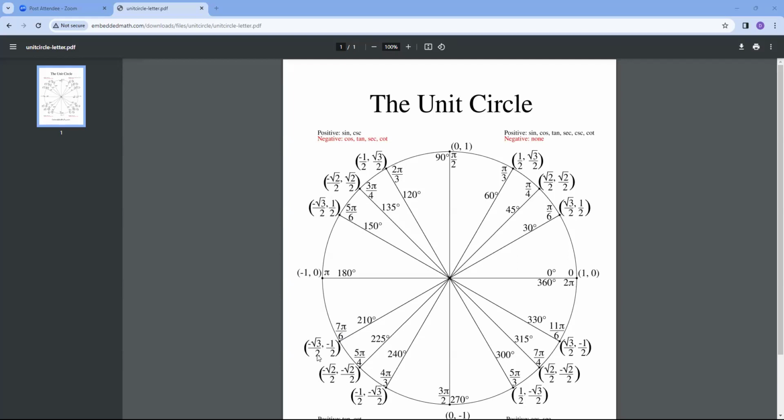But we remember that the sine is greater than 0, so it has to be here. So we have to go to the values here of 150. All right. So the values of 150 are negative radical 3 over 2, comma 1/2, right?